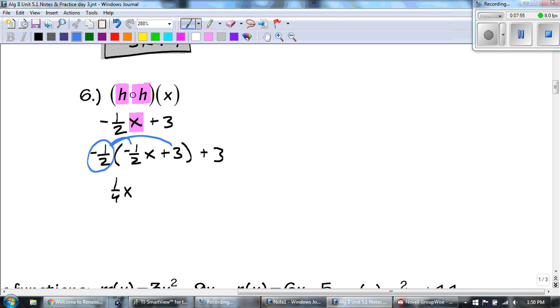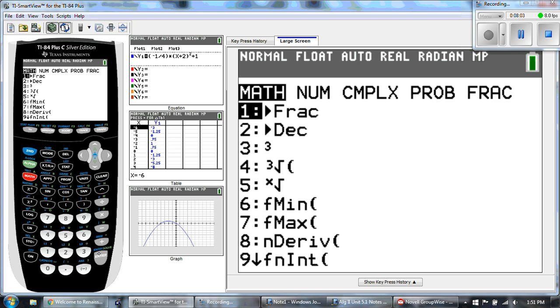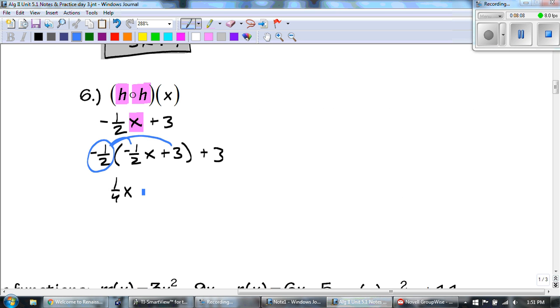Negative 1/2 times 3. So negative 1/2 times 3, math, enter, enter, and negative 3 over 2. So it changes to a negative 3 over 2 plus 3.